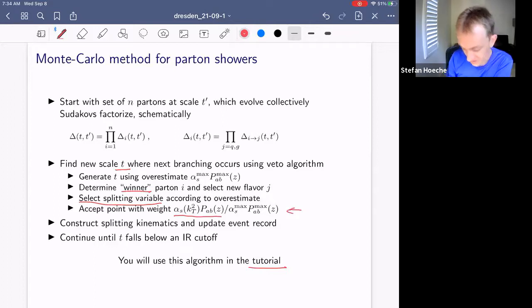Then you construct the splitting kinematics, which I already talked about, and you update your event record, and you're done. You continue until everything falls below an infrared cutoff, where you can't resolve your splittings anymore. And if everything goes well, the result that you obtain will be independent of that infrared cutoff. That means you have to make your infrared cutoff small enough in order not to be sensitive to it. Okay.